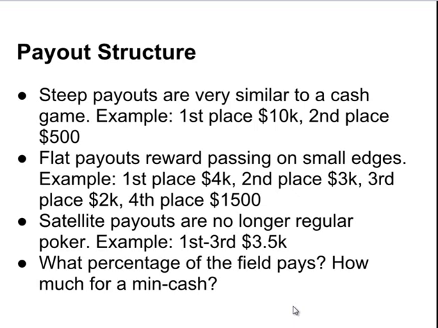To get second or third, you're still going to have to accumulate a lot of chips, versus how much of the prize pool is paid out to the players that, in extreme cases might finish, 1,000th place or something in the Stars Million, and they're still getting paid. And so, of course, if 1,000 players get 1 buy-in versus 1.5 buy-ins back for their cash, that's going to make a big difference for how the overall prize pool is distributed.